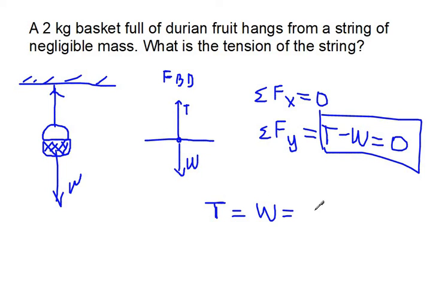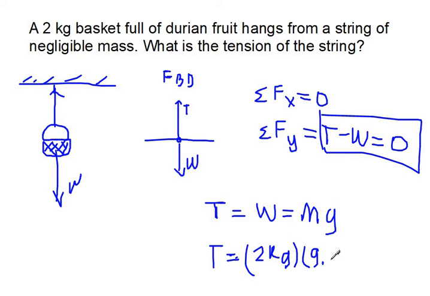And remember, atong weight is just equal to the mass times acceleration due to gravity. Therefore, ang atong tension is just equal to the mass, 2 kilograms, times the acceleration due to gravity, 9.8 meters per second squared.